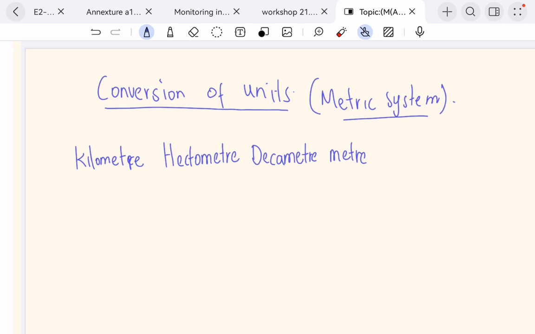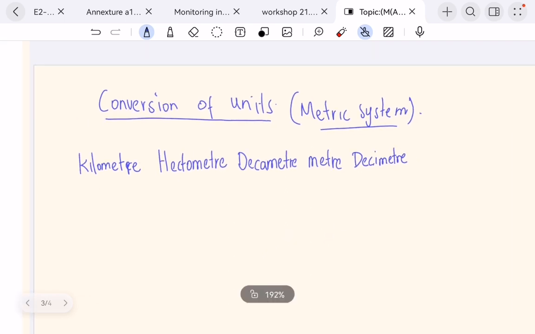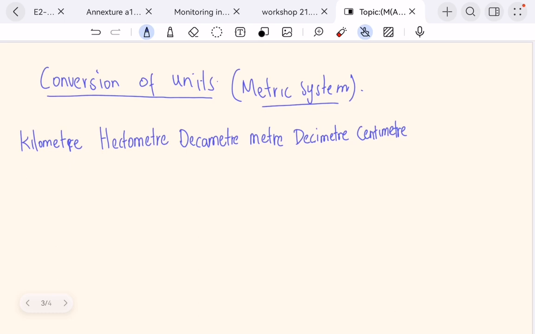After the meter, we have got the decimeter. After decimeter, we have got what we call the centimeter, and the centimeter is followed by the millimeter. So these are the units that we are using.